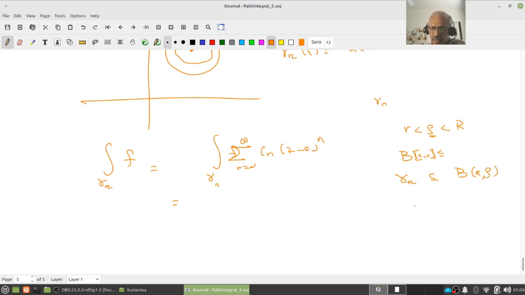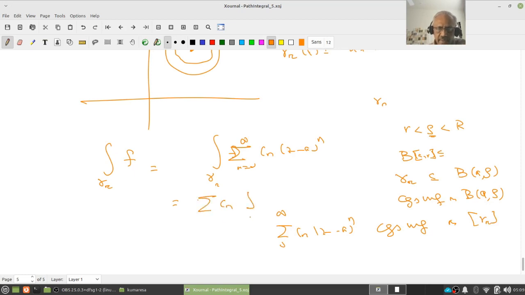I know the power series converges uniformly on any smaller disk B(a, rho). In particular, the power series converges uniformly on gamma r. Therefore, by the earlier result, this is nothing other than the sum of Cn times the integral over gamma r of (z minus a) to the power n. But we know this is 0. Therefore, the sum is 0.